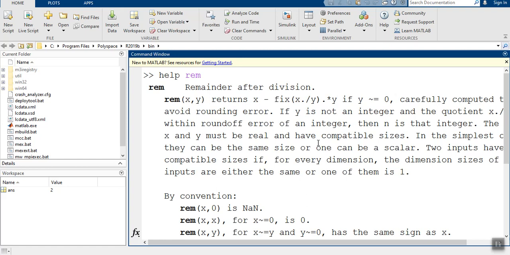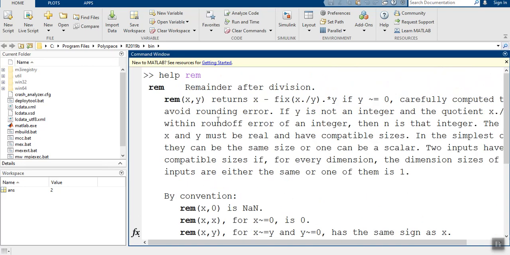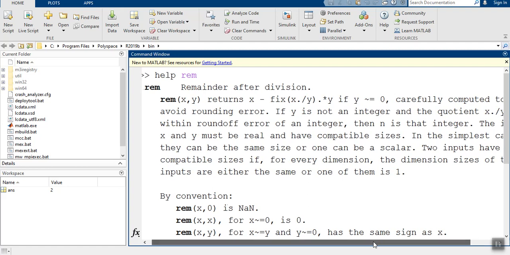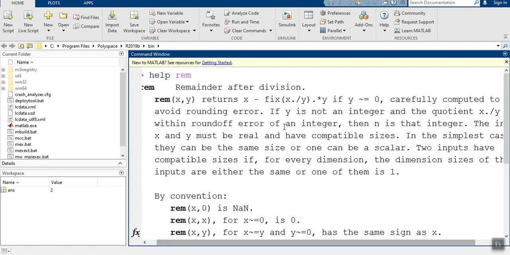Now observe, this is the concept of remainder. Carefully compute to avoid rounding errors. If y is not an integer, then the quotient is rounded to an integer. Now listen carefully, I will explain.